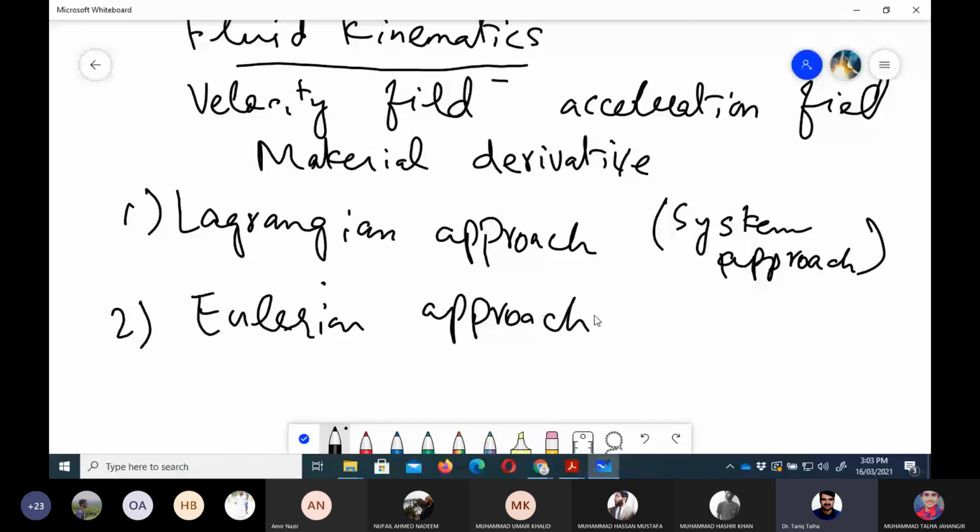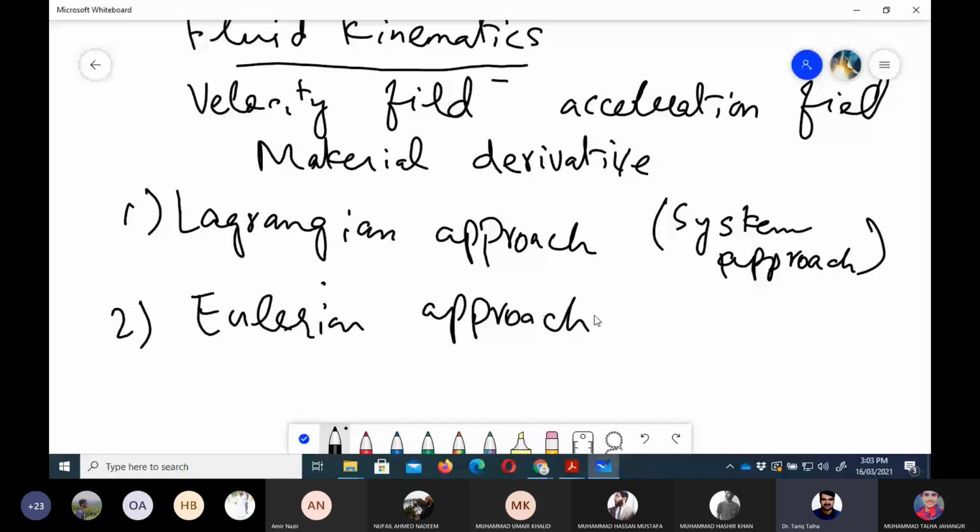If I give you a practical example to differentiate between these two approaches: if you ever ride a bike or a car, you can see a speedometer in front of you. It gives us the real-time value of the velocity or speed of the vehicle. So that is basically the Lagrangian approach.